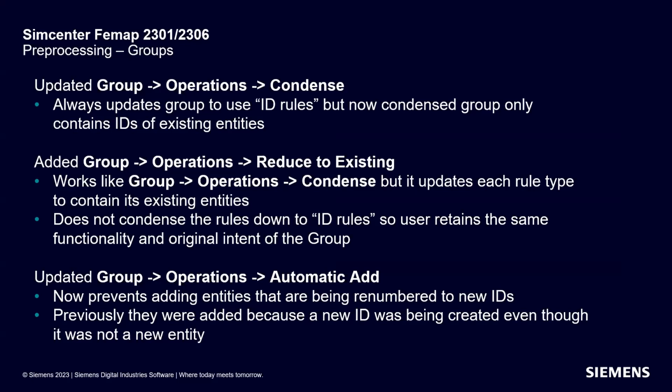So again, that's a strange one where you might have gotten both sets of IDs, especially if you reused an ID range in automatic add, both your original and your renumbered set of IDs in your group.